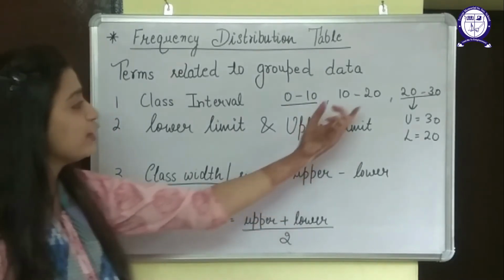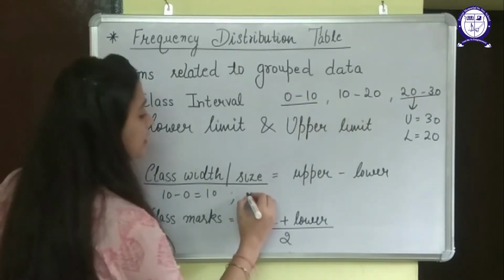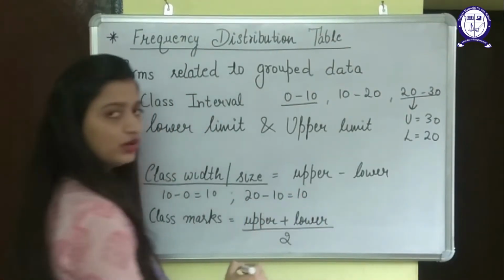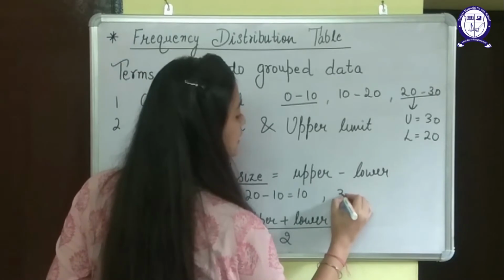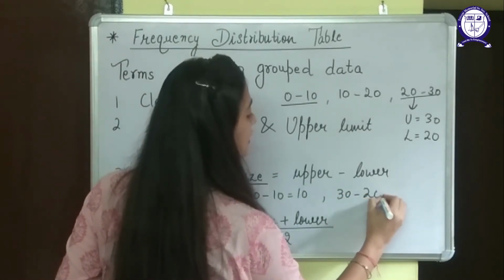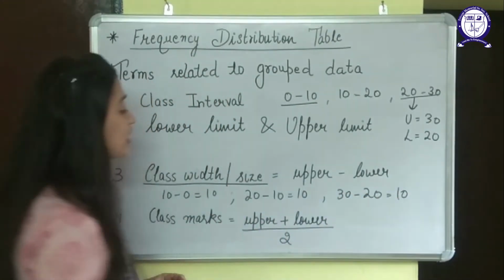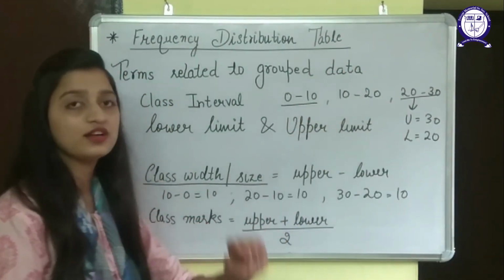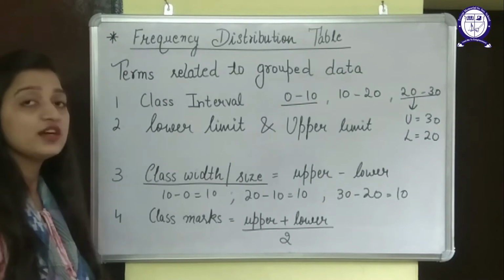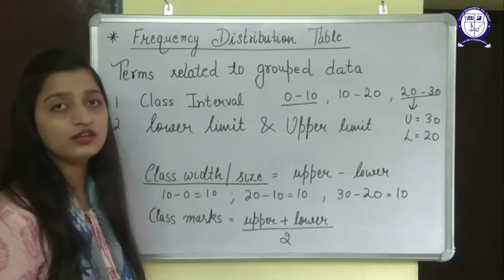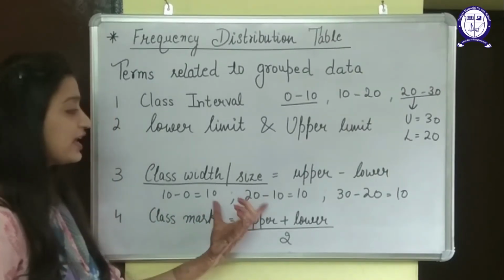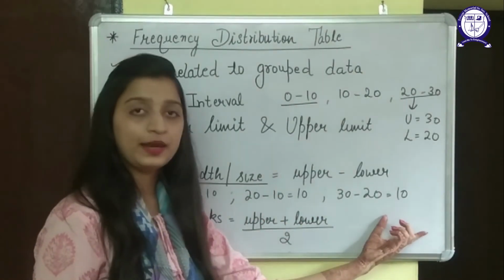Now the second one, 20 minus 10, that will be 10. Now the third one is 30 minus 20, that is again 10. So the class size is always the same no matter what class interval we are taking, and it is the rule for grouped data that the class size must be the same.